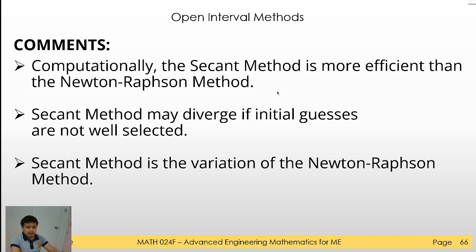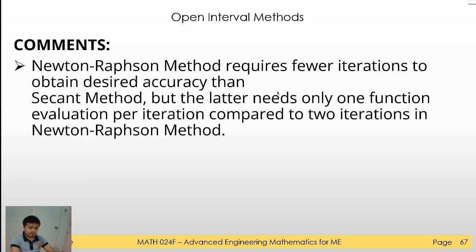The problem with secant method is it still has some cases wherein it might diverge if the initial guesses are not chosen properly. We know that the secant method is a variation of the Newton-Raphson, wherein instead of finding the derivative, we approximate this derivative via numerical differentiation.